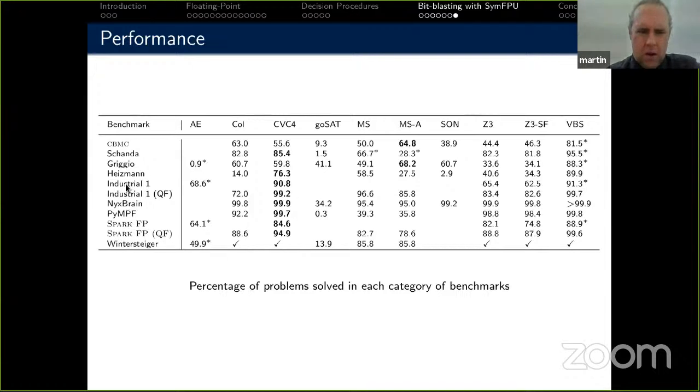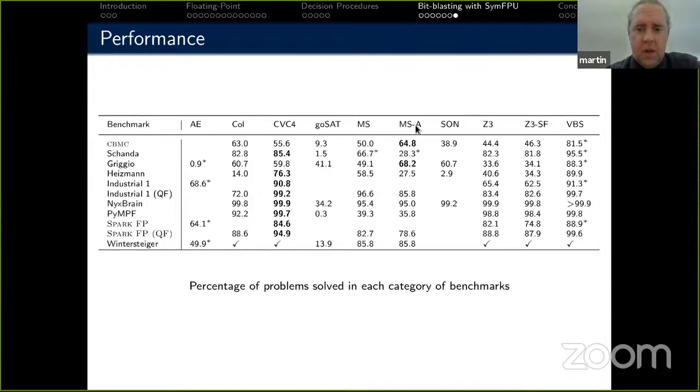Most of these, I think, are now in SMT-LIB. These are a variety of different solvers. So this is Alt-Ergo, Colibri, this is CVC4, which we were working on. This is GoSat, which is what I was saying about numerical methods.